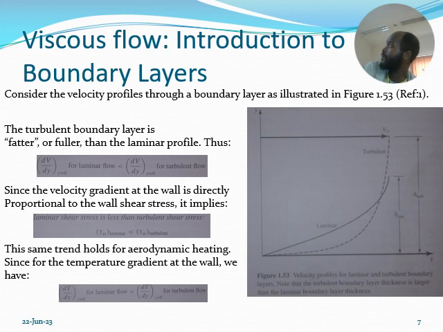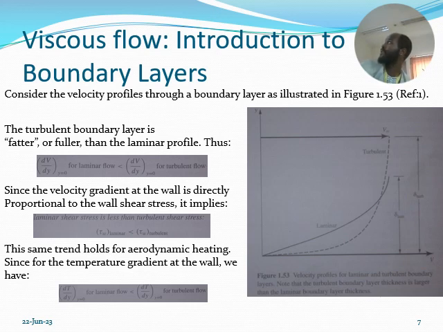Let's say at this portion it is 10, and at this portion let's say it is 20 meters per second, and you are going from zero. So if you look at the change from zero velocity here to 10 for the laminar, and then at the same distance away, this is already like 20. That means the rate of change of velocity with distance for the turbulent flow will be higher than for the laminar flow, and that is the velocity gradient.